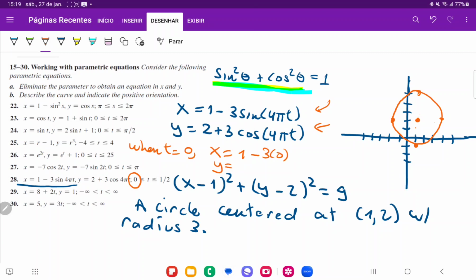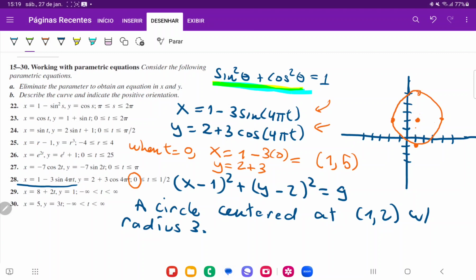And y is going to be 2 plus 3 times cosine of 4 pi times 0, which is 0. So cosine of 0 is 1, so 2 plus 3. Therefore x is 1 minus 0, so 1, and y is 2 plus 3, which is 5. So when we plug in t equal to 0 into the x and y equations, we get the point (1, 5).